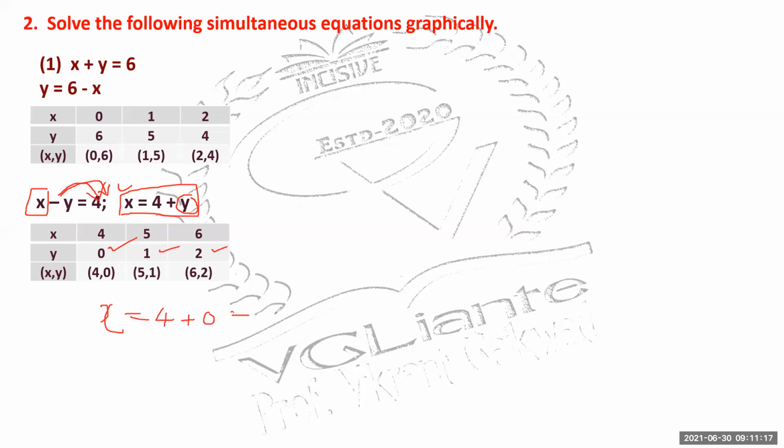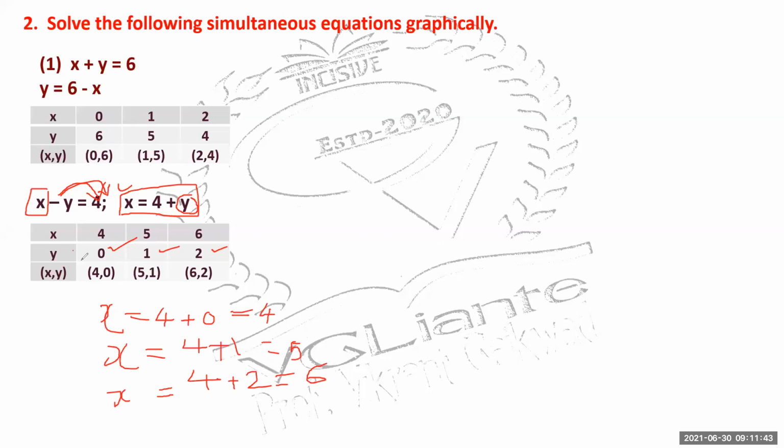Next, x equals 4 plus 1, that is 5. And next, x equals 4 plus 2, that is 6.